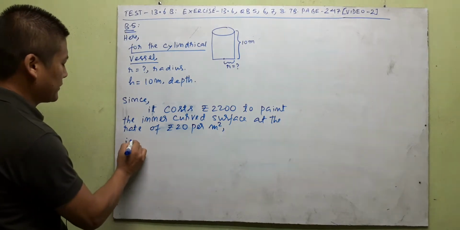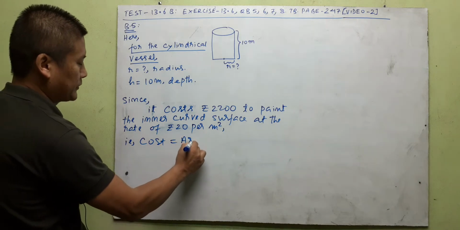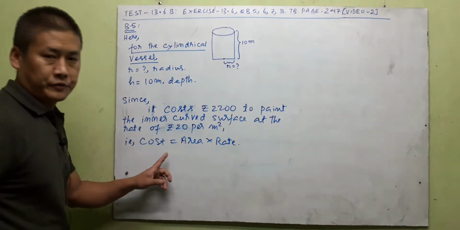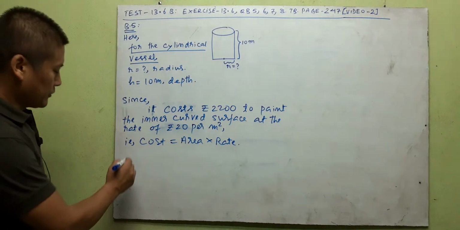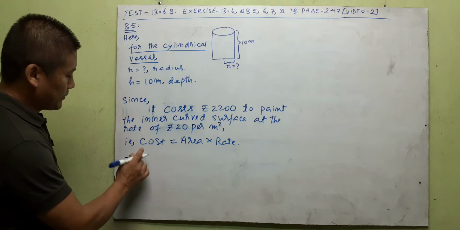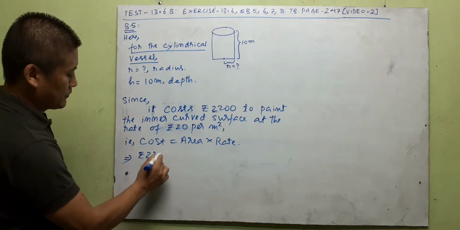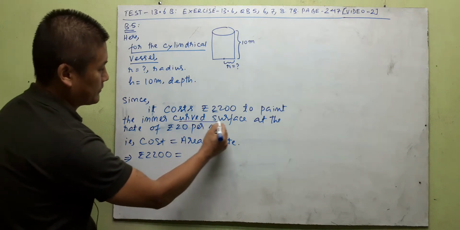Now we know one formula, that is cost is equal to area into rate. We have used this enough number of times so you are familiar with this, right? So let's use this formula and write down total cost is rupees 2,200 equal to area, the curved surface.